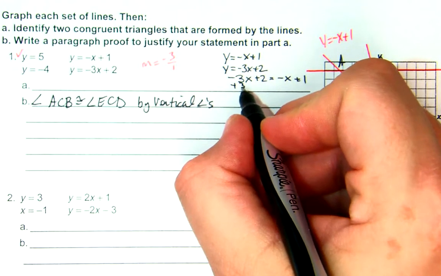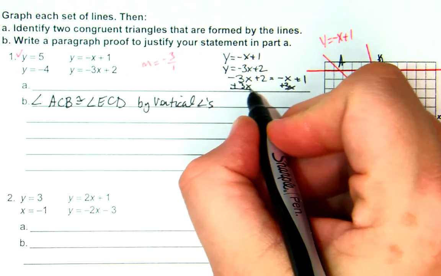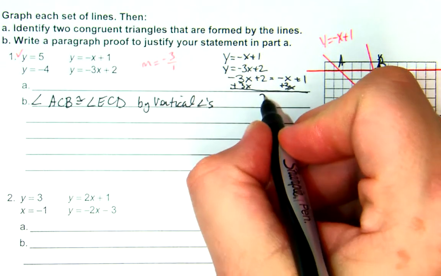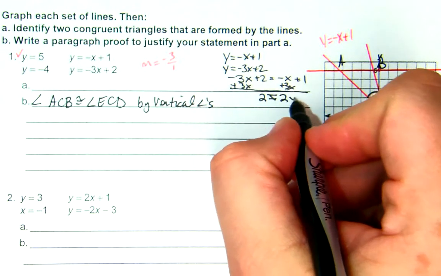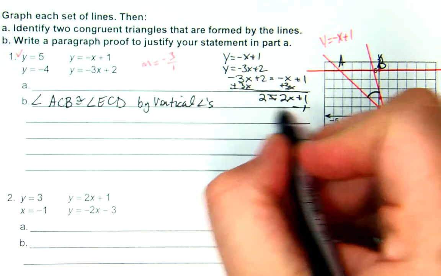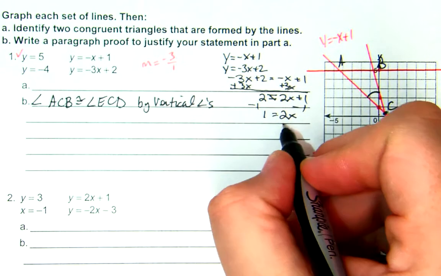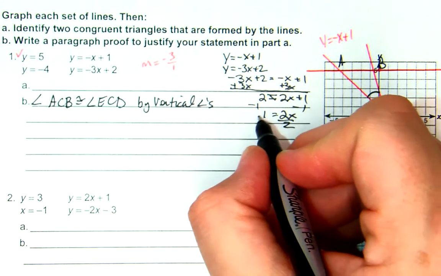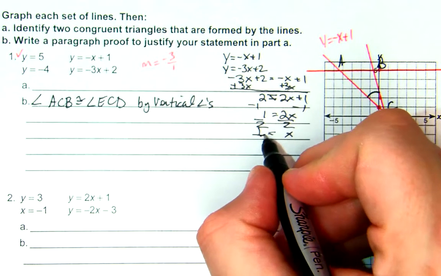I'm going to add a 3x to both sides. You get 2 is equal to 2x plus 1. Subtract a 1. 1 is equal to 2x. Divided by 2. X is equal to 1/2.